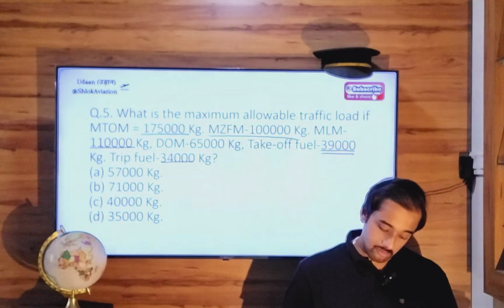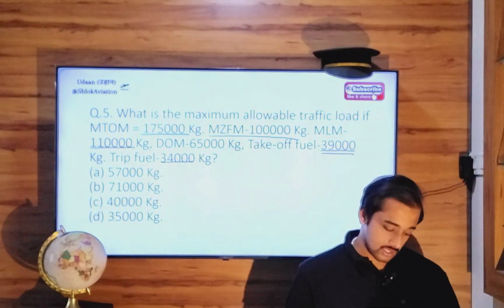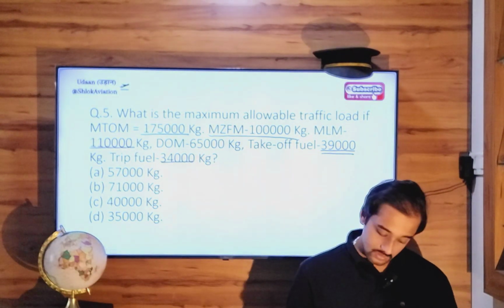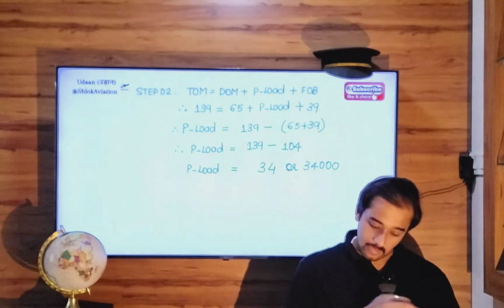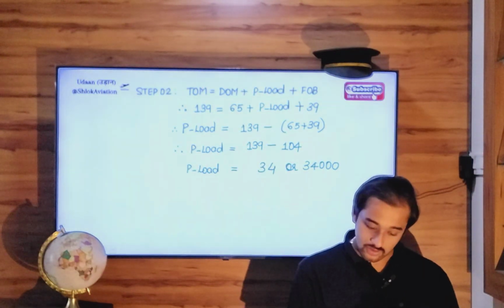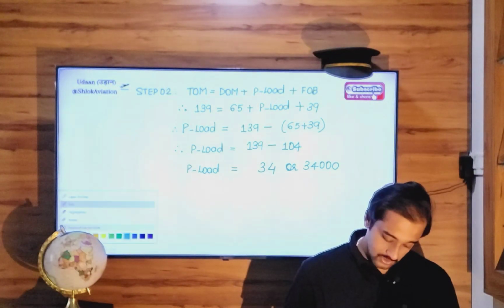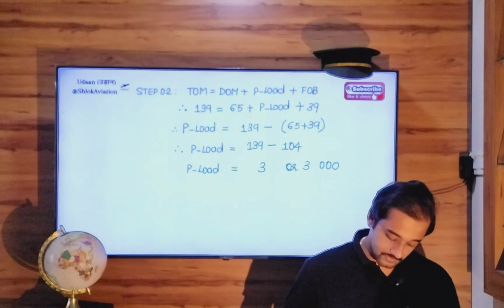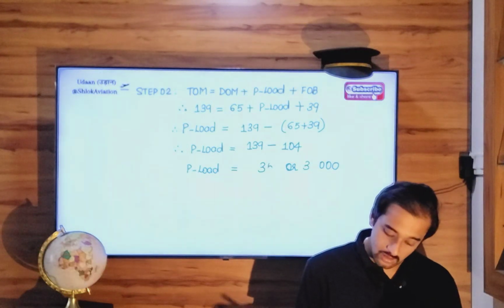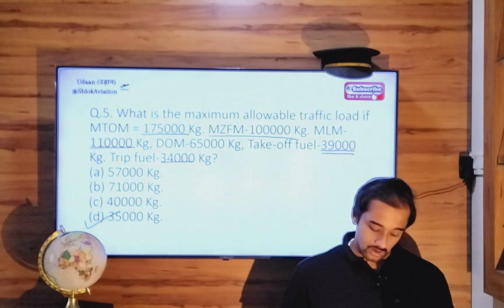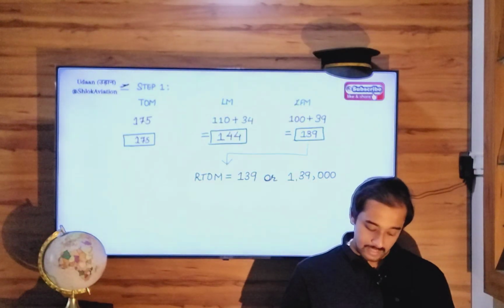So the correct answer will be option delta, 35,000 kg. This is how you do these first 5 sums from the Keith Williams.